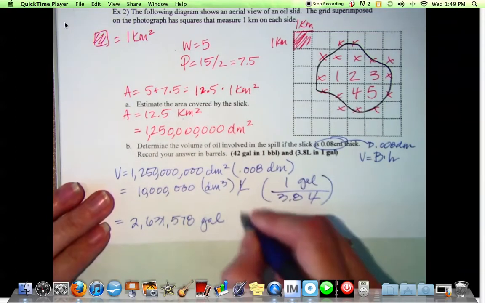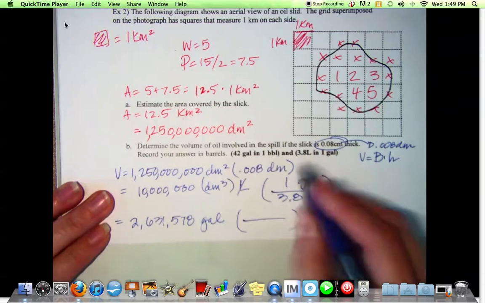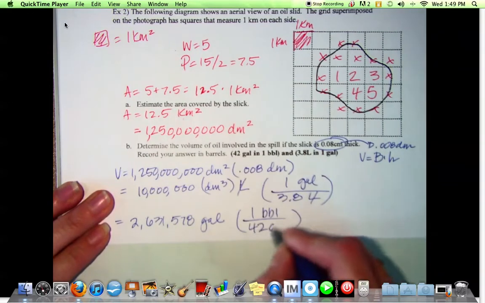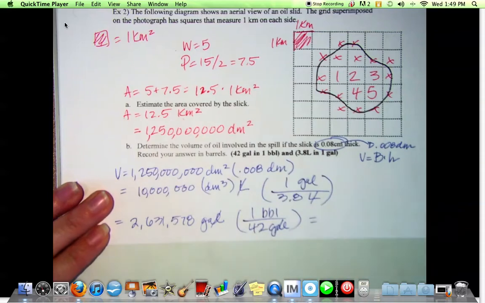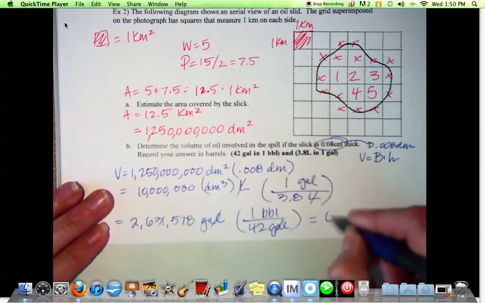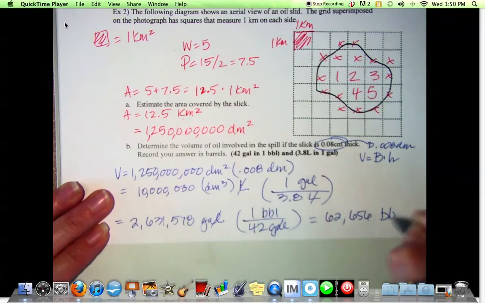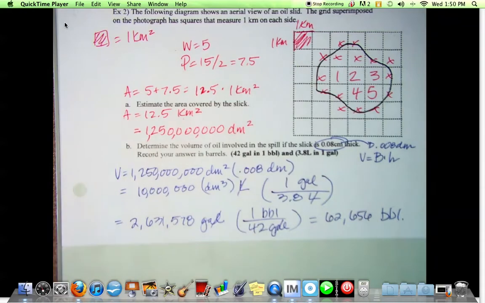Divided by 42. 1 barrel is equal to 42 gallons. Multiplying or dividing? Dividing. So 2,631,578 divided by 42 is 62,656 BBLs. Boom.